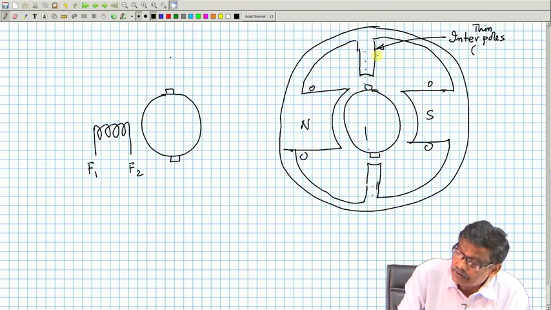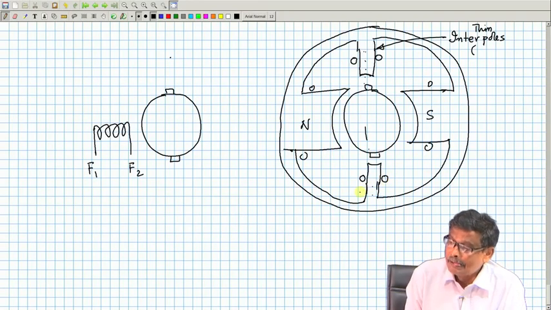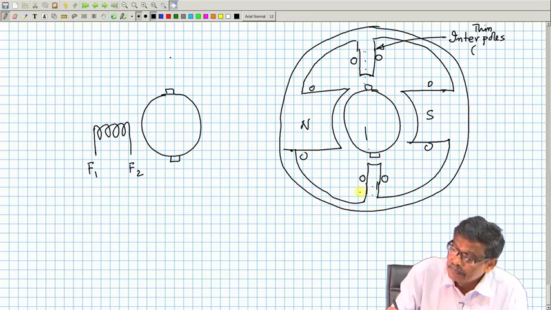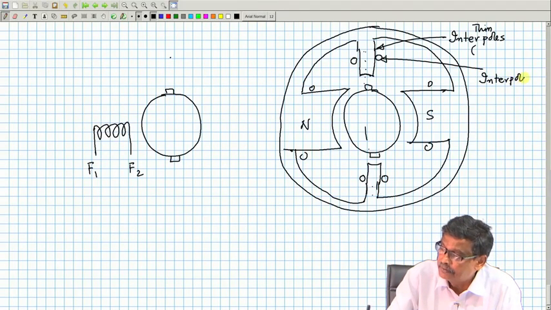And you put another coil here. So, this is called the interpole coil. For large DC machines you will find interpole coils.